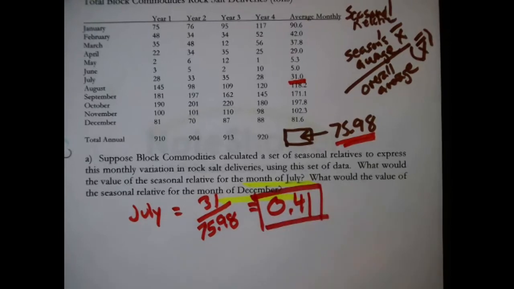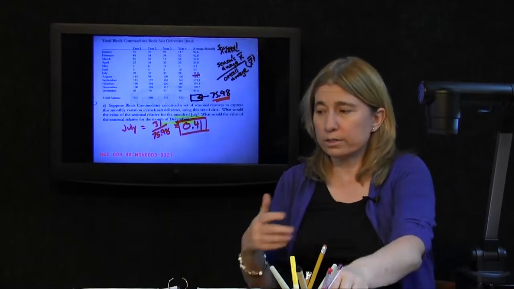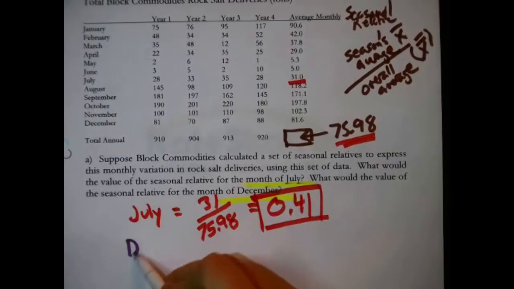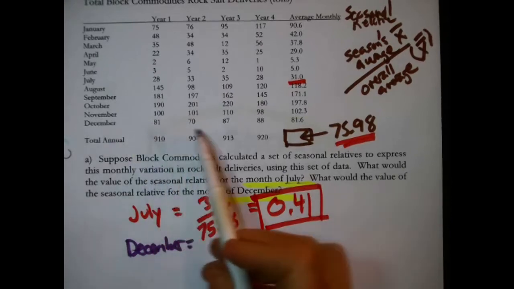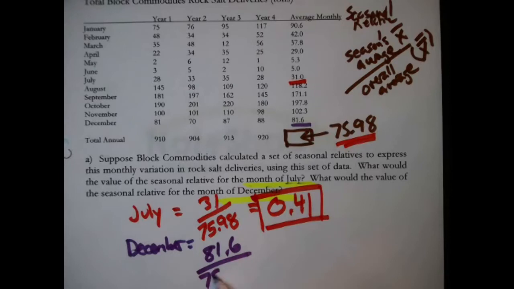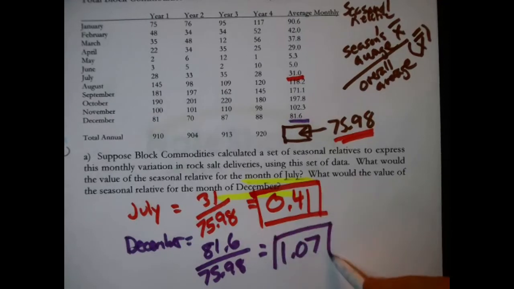That's the seasonal relative for July. Finished. For December, same recipe, same pattern. You take the actual average for December, 81.6, and you divide it by that same old 75.98, and I got 1.07 for December.